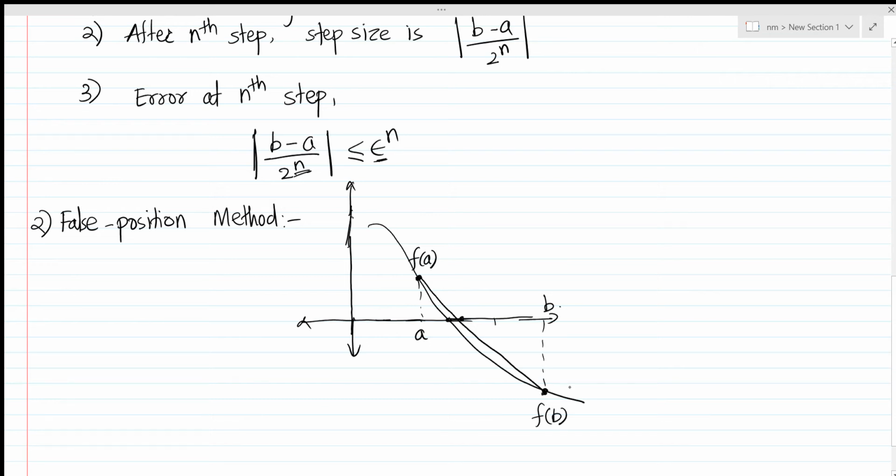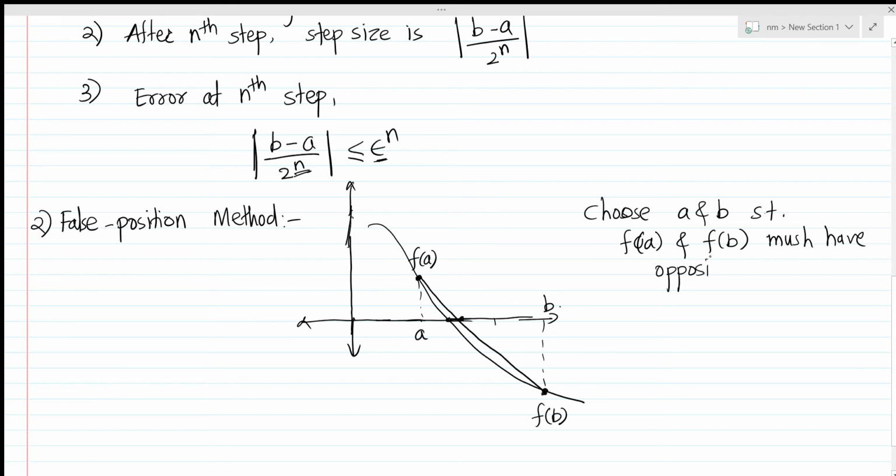One condition remains the same in the false position method. We choose a and b such that the function values have opposite signs, that is, f of a and f of b must have opposite signs.